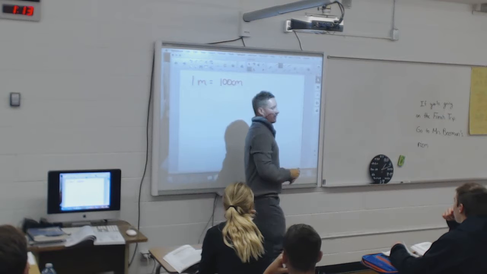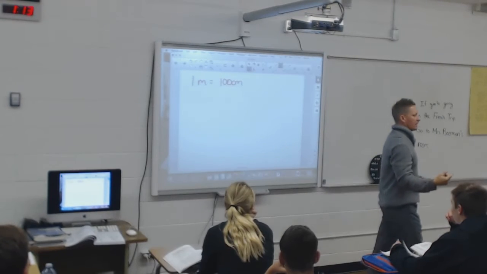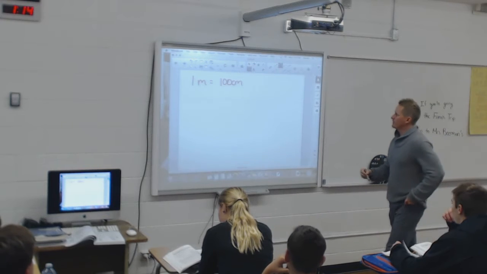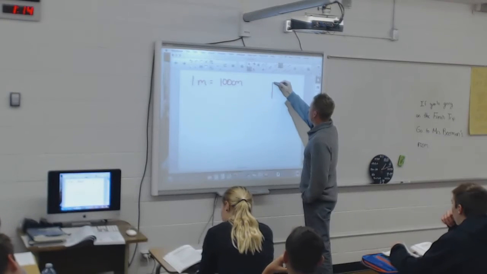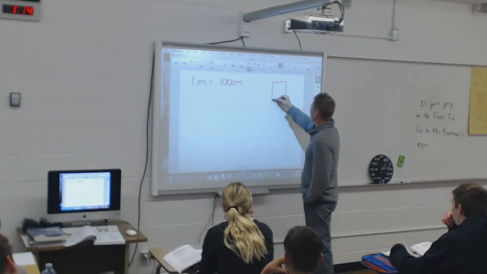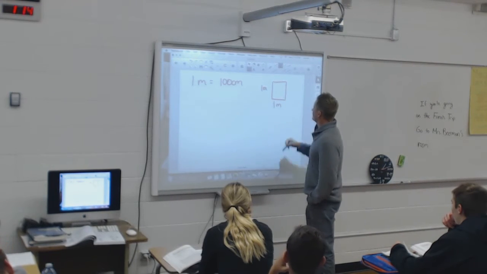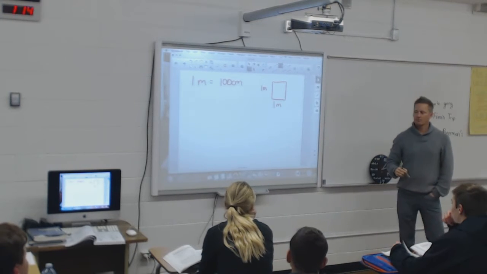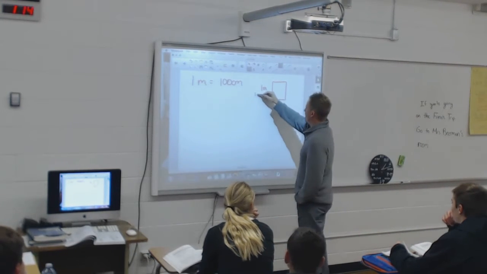So I want to find out how many centimeters squared there are in 1 meter squared. So what I do is this. I draw myself a quick picture. This is 1 meter by 1 meter. Okay? So how many centimeters are each? 100 by 100.